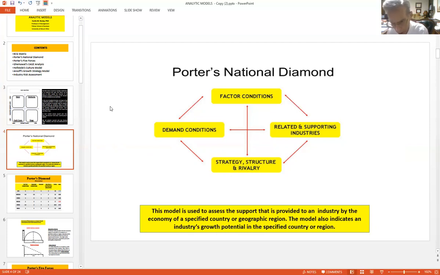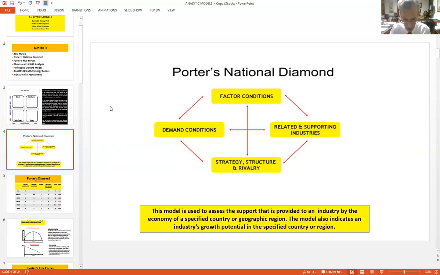And so Porter set out to try to find out. He said when he was asked to do this that he really didn't have an answer, but he would do research in order to develop an answer, and the result was the national diamond.